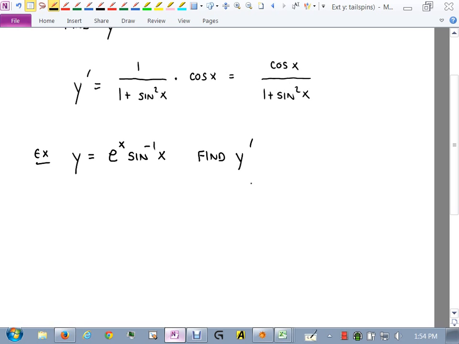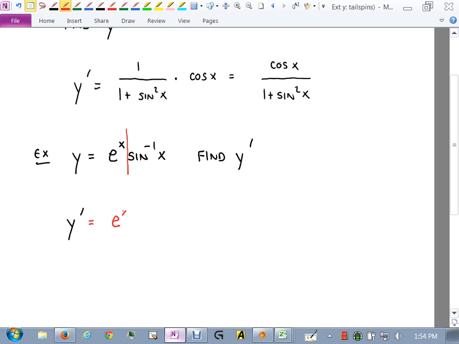Everyone see that that is a product between the two functions? So the derivative would be, here's our product right here.